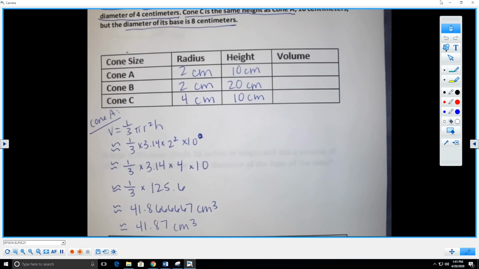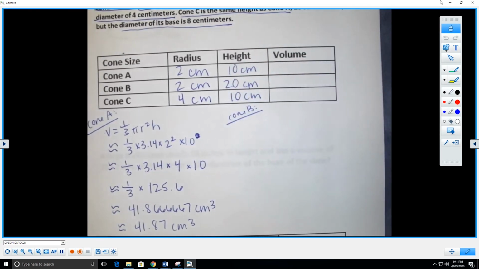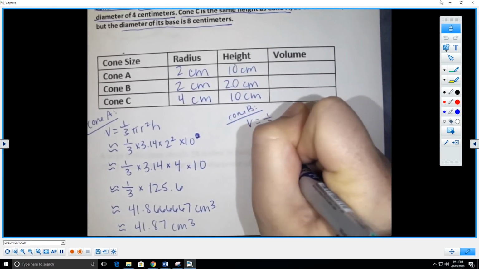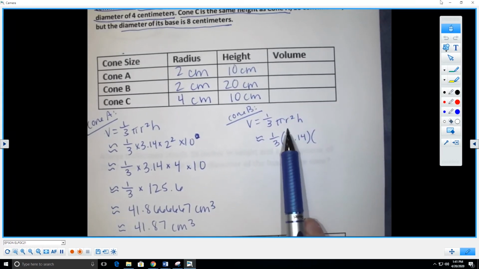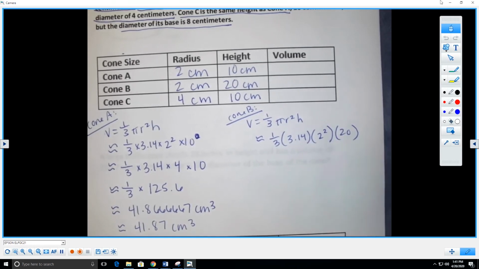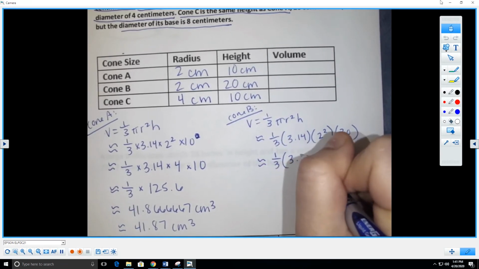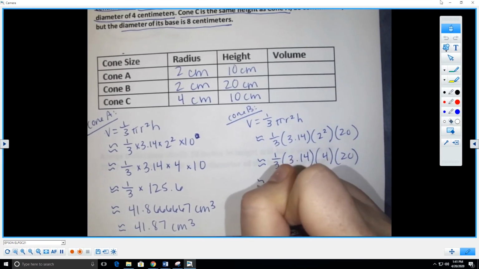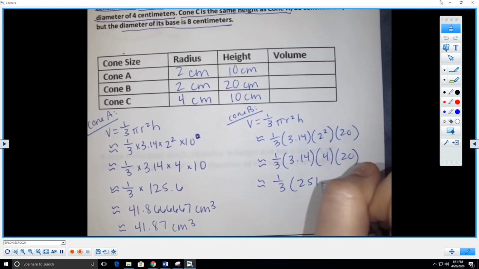Now let's work out the volume of cone B. So we have volume equals 1/3 pi r squared times height. So I have 1/3 times 3.14 times, let's see, radius is 2, times a height of 20. So that's going to give me 1/3 times 3.14 times 4 times 20. 1/3 times 251.2.